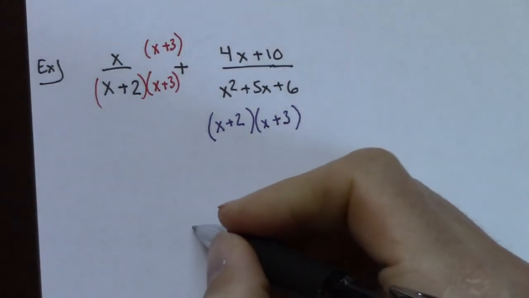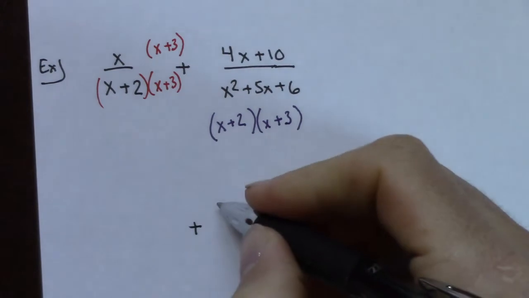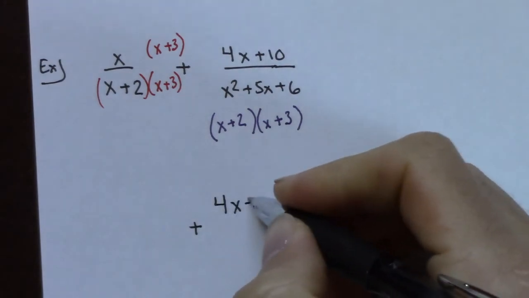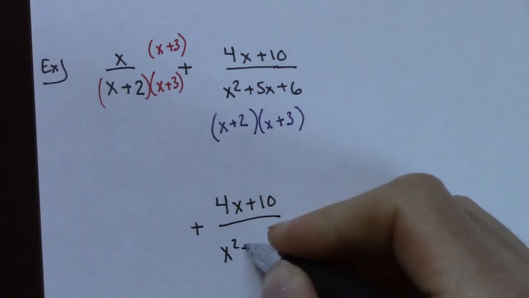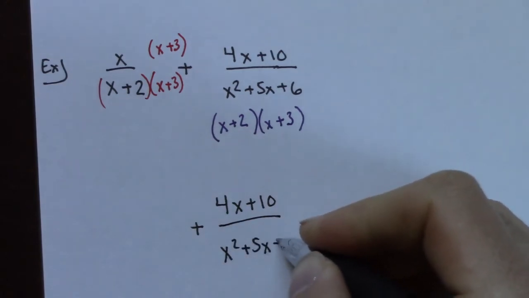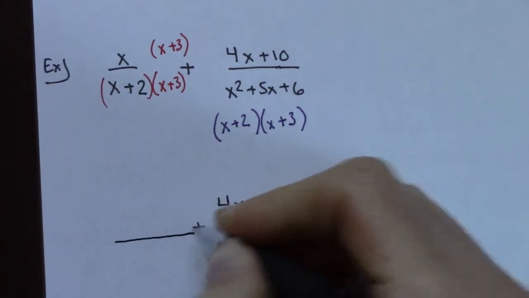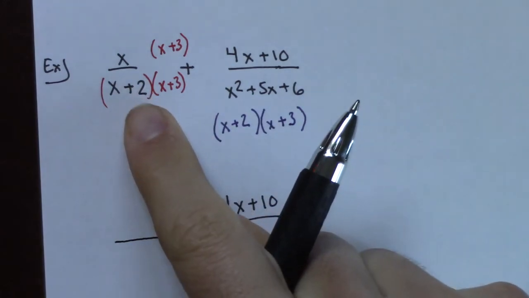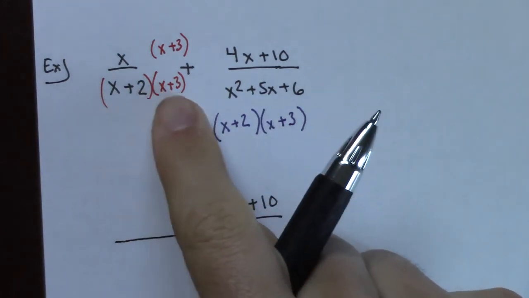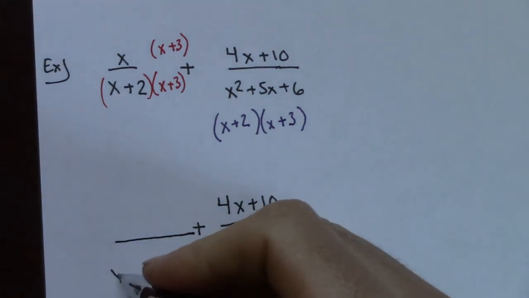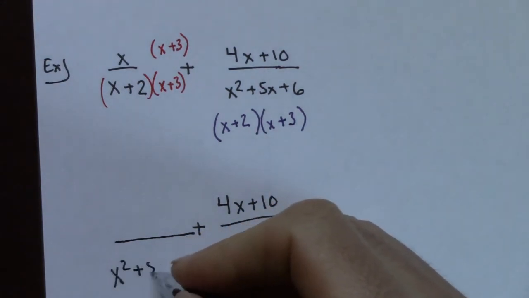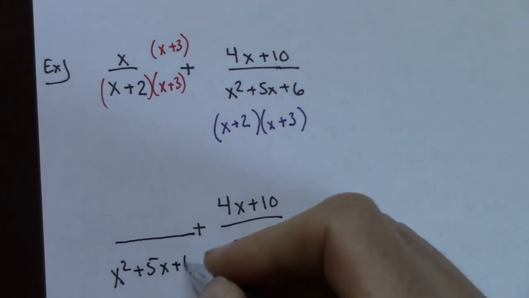So, our second fraction is unchanged. 4x plus 10 over x squared plus 5x plus 6. Our first fraction now has the same factors, x plus 2, x plus 3, so I can jump straight to x squared plus 5x plus 6.